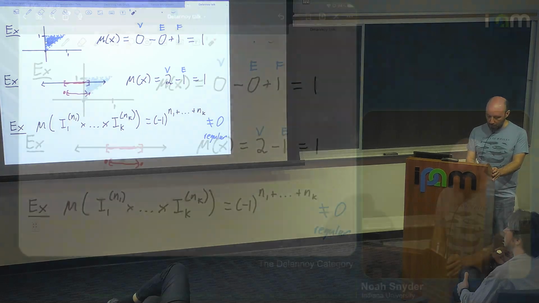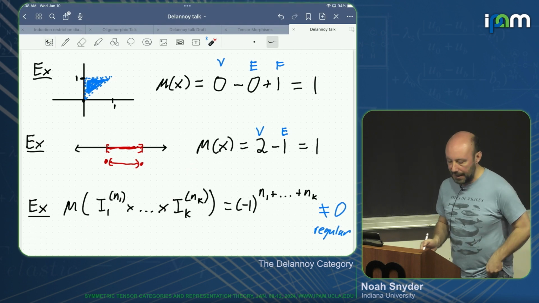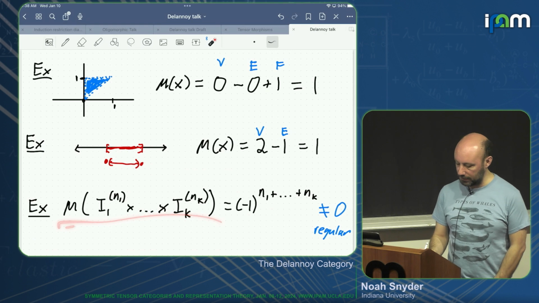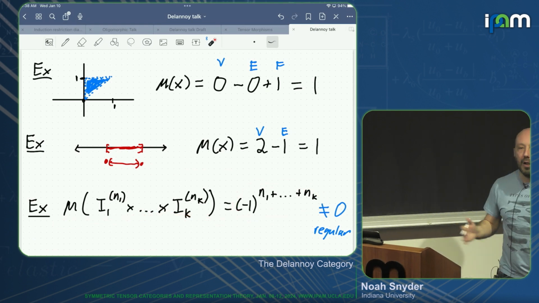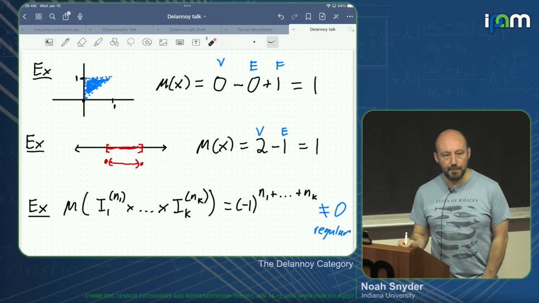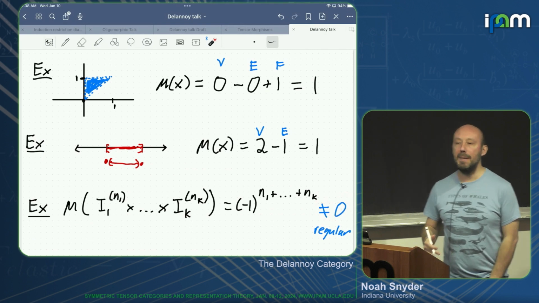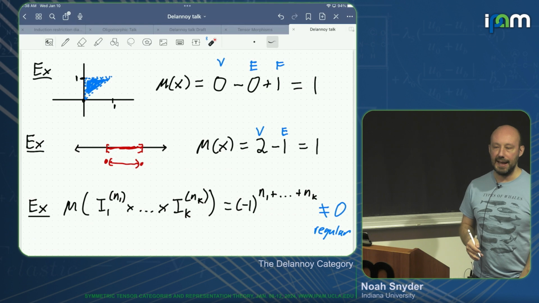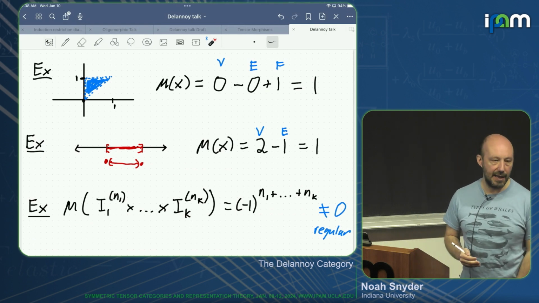This one you can think of as 2 vertices and 1 edge, so it has Euler characteristic 1. And all of these things will just have Euler characteristic that's -1 to some power. And so all of the generalized indices of anything are always plus or minus 1. And since this number is never 0, this version of Maschke's theorem that they have tells you that this is going to be a semi-simple category.